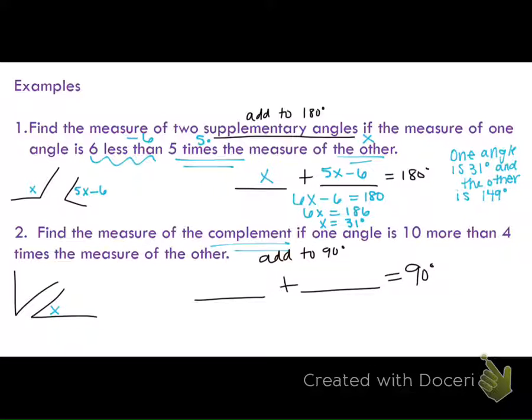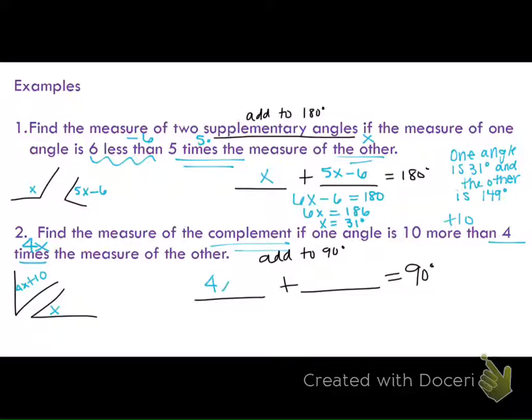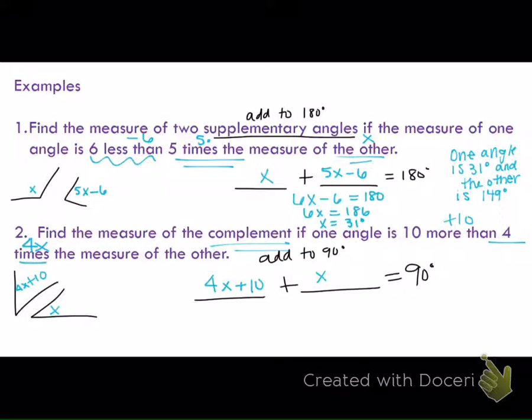What does that mean you're going to do? Add 10 at the end. And it says 4 times the other. So what does that mean we're going to do for the 4 times the other? 4 times x. So we have 4x plus 10. So we have 4x plus 10 plus x equals 90.